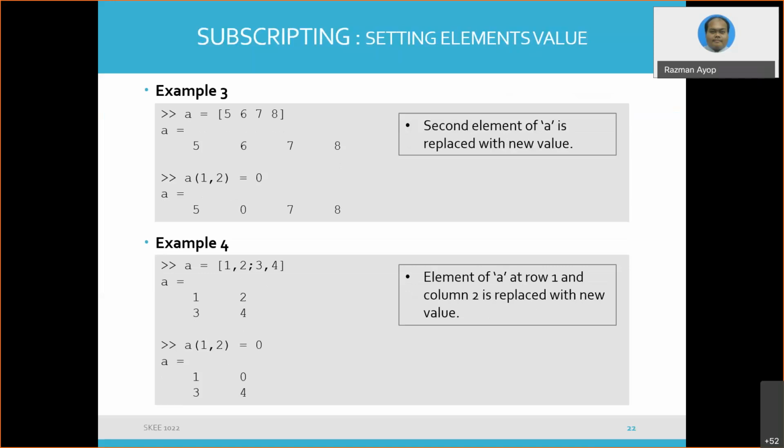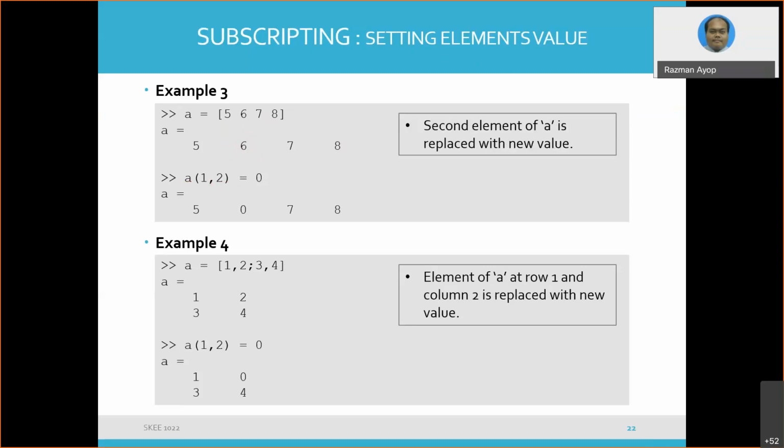Next is A equals something like this. I think this is the same example as before. A equals 5, 6, 7, 8. From A, you want to access row 1, column 2.